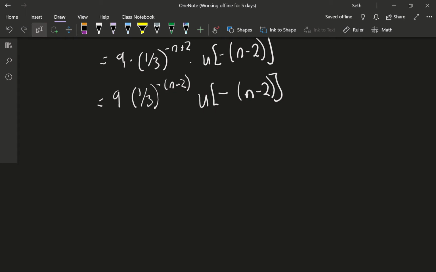So we would get 9 times e^(-j omega 2), where n naught, the shift, is just going to be 2.